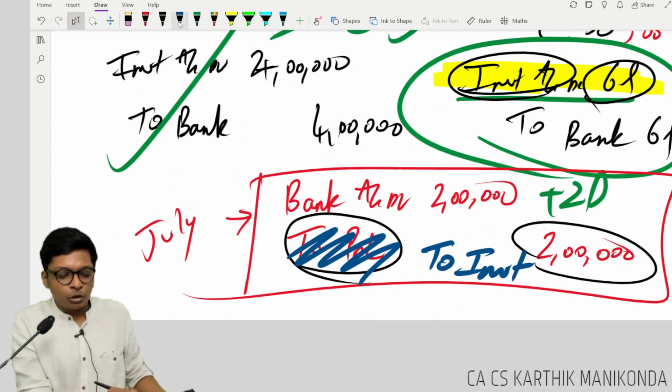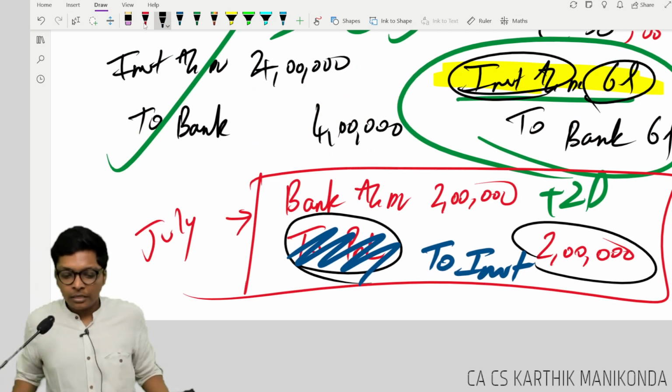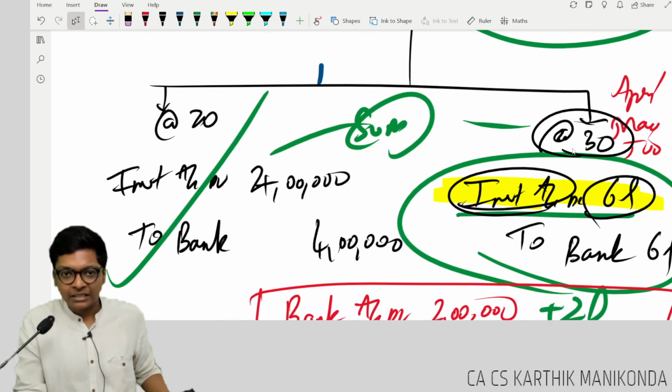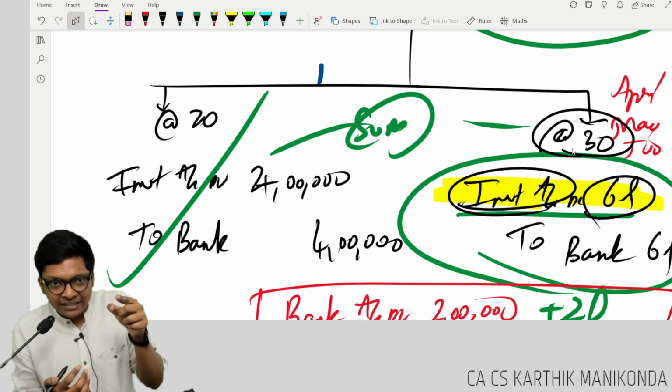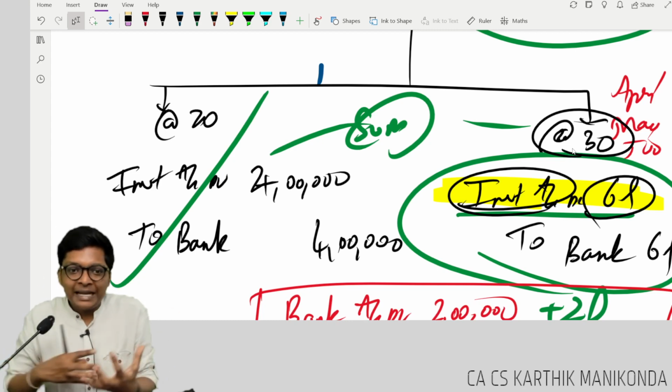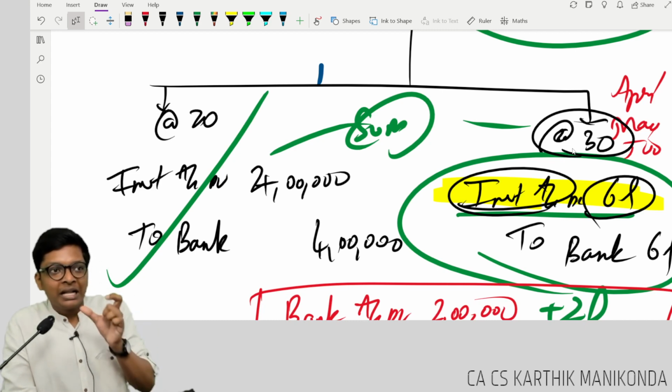Colloquially in investment accounting in AS 13, we used to call this 30 rupees as share price included with dividend. So it's cumulative of dividend. The share price is cumulative of dividend. It's called cum share price.